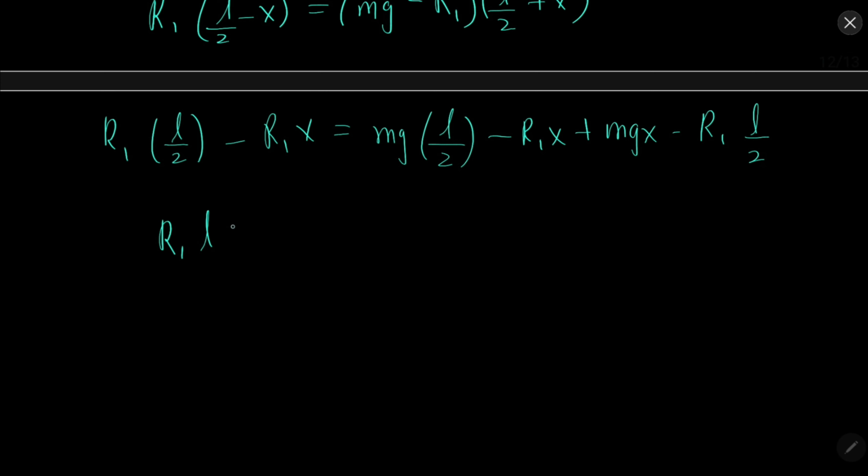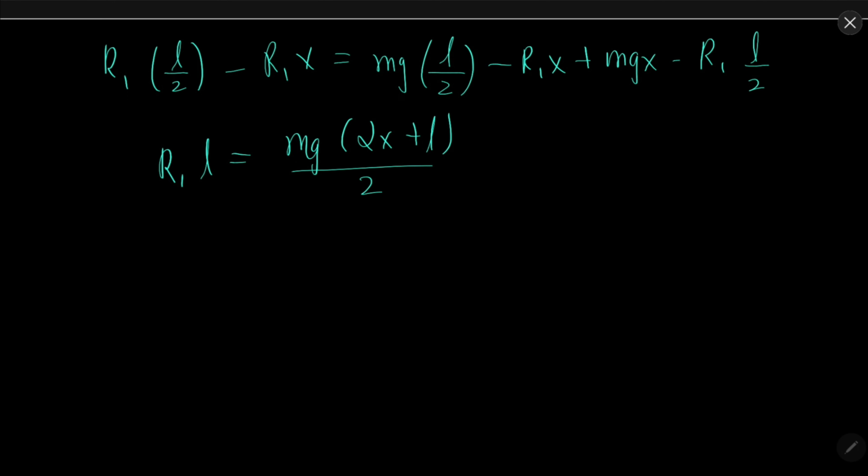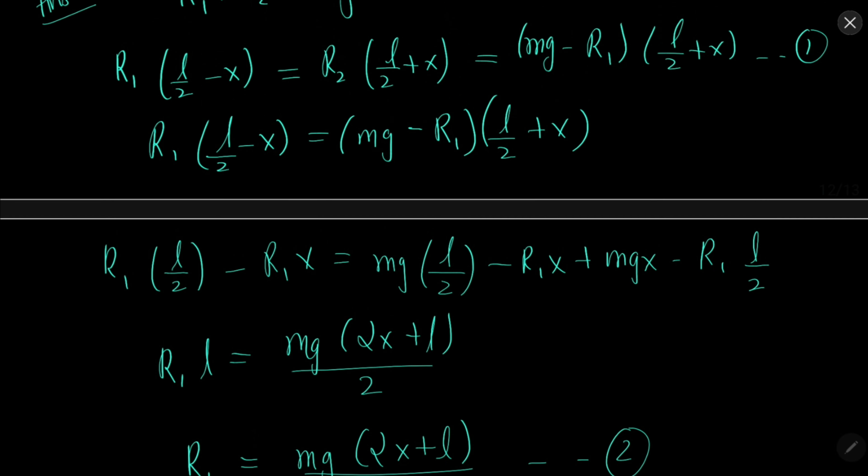So after simplifying this, we will get this, and R1 will come out to be mg (2x plus L) over 2L. Let this be equation 2.